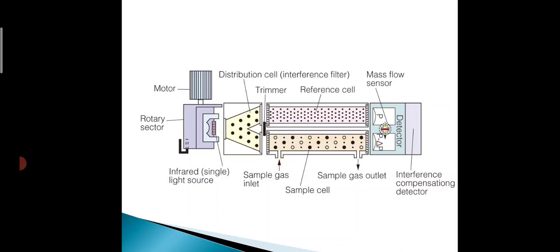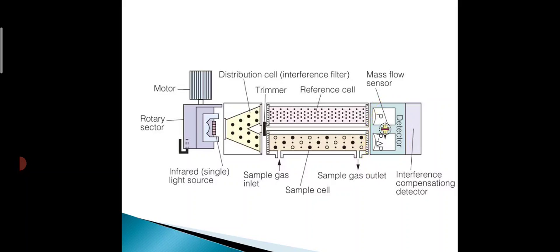Next we go for the pressure detector. Here the infrared rays are given to the reference cell and the sample cell. The gas mixture in the reference and sample cell is pressurized by the infrared radiation. The pressure variation is compared by using this detector.